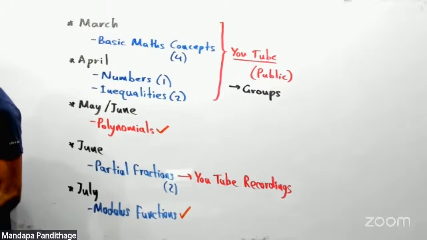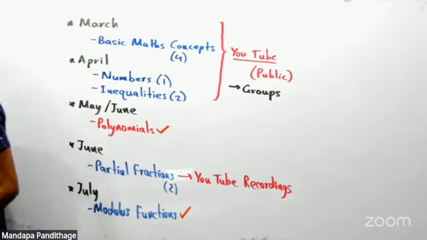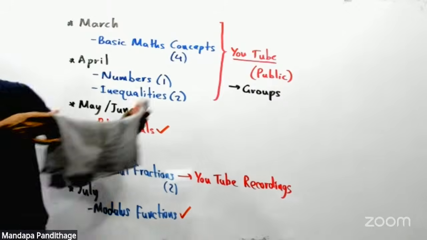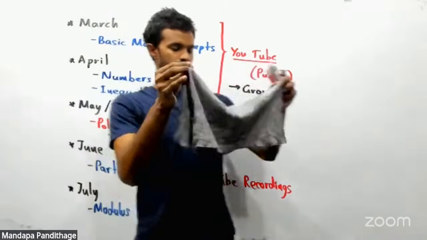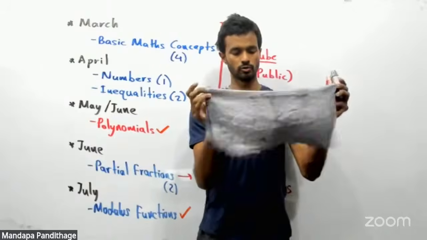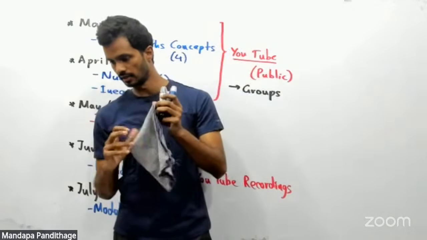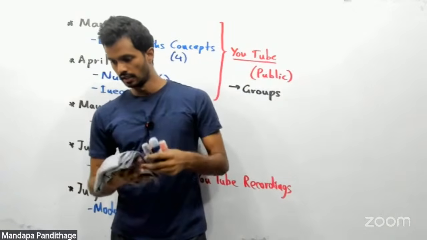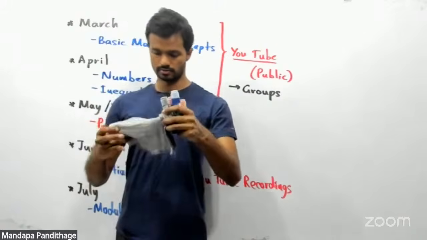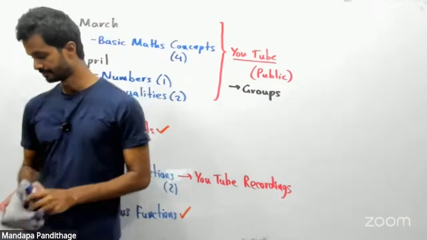Write the topic, polynomials. Right, the main topic, polynomials. Okay. So first thing, before talking about polynomials, can everyone send me a message mentioning that you understood it and all is good, all fine?